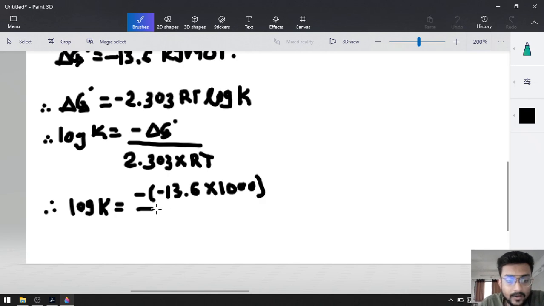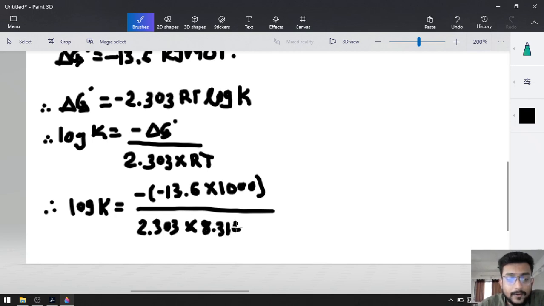Remember that we have to convert the values into joule, that's why 1000 has been multiplied over there. In the denominator, 2.303 into the value of R, 8.314, into temperature 298 Kelvin.